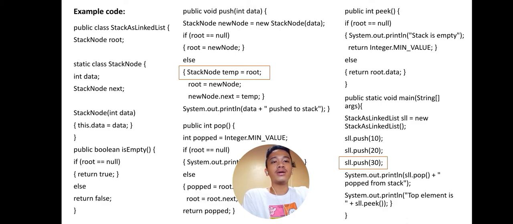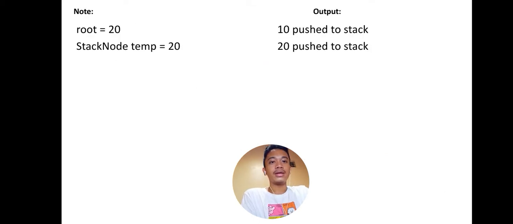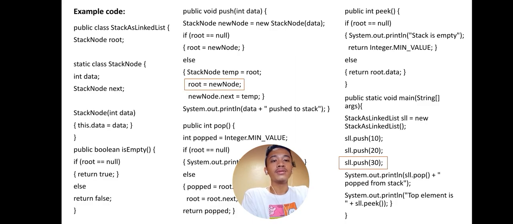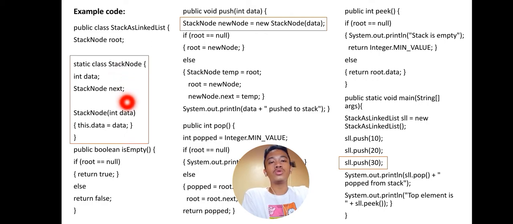We have stack node temp is equal to root, and our root is 20, so that is why stack node temp is equal to 20. Next we have root new node, so again it will call the object creation or the instantiation stack node new node, and will trigger this code to make a new node.